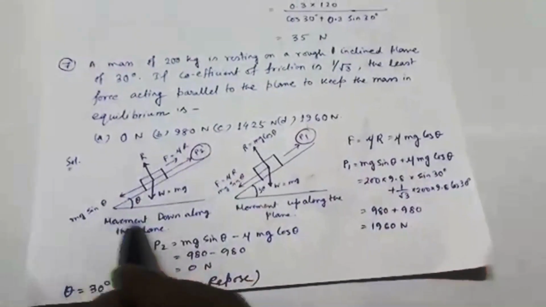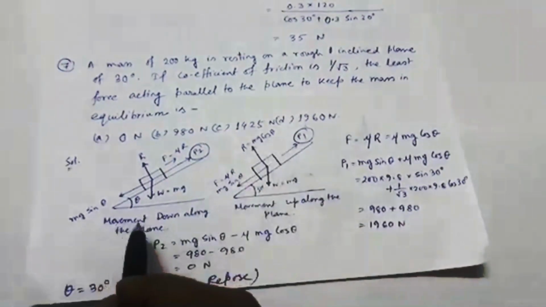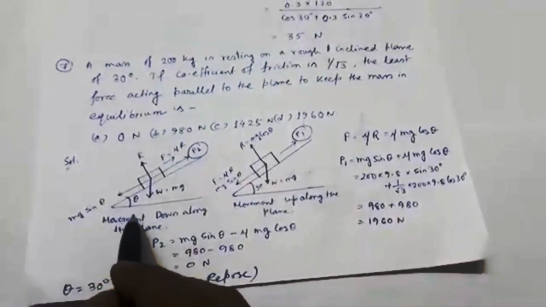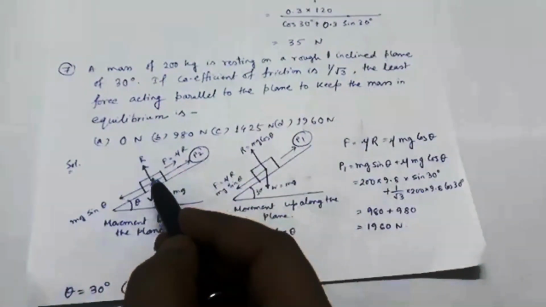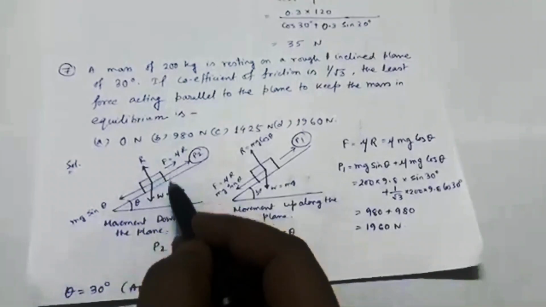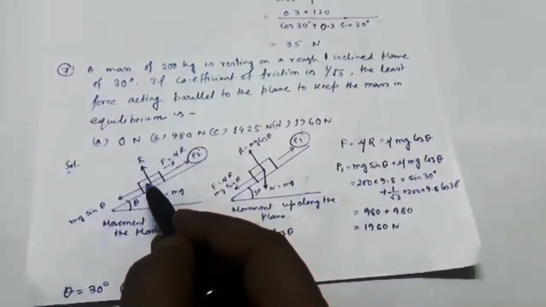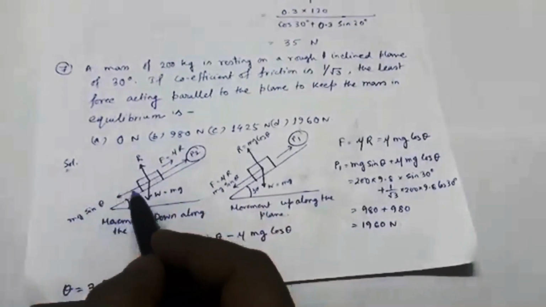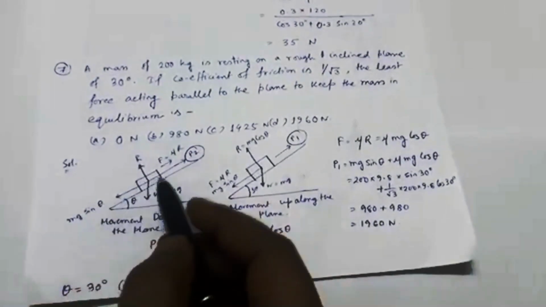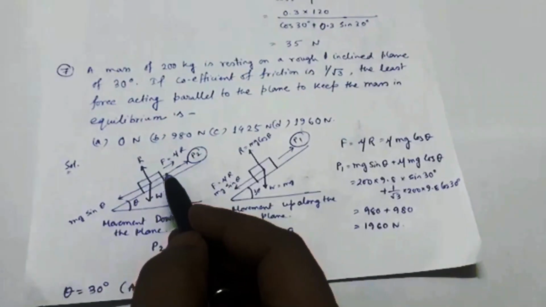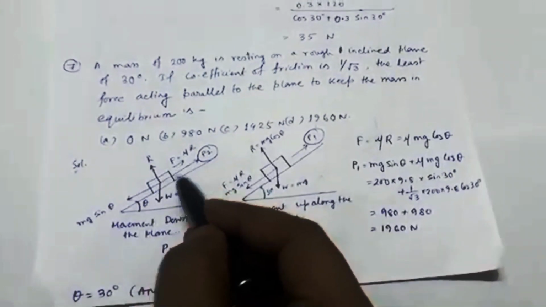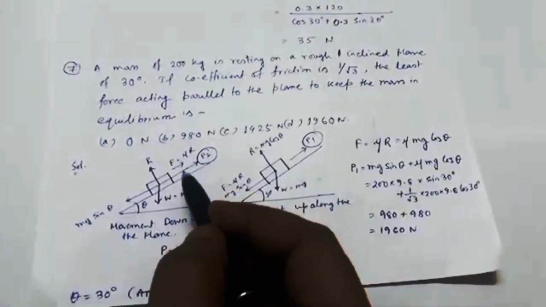Let's look down. This is the first condition, this is the second condition. In the first condition, the body tends to move down along the plane, so frictional force is generated in this direction.